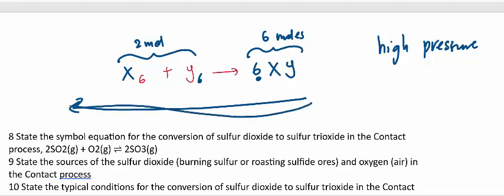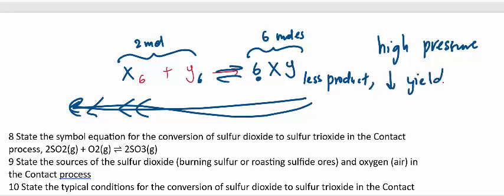The reaction is reversible, so it's going this way. Will I make more of the 2 or more of the 6? The 2. So this one is less product. So low yield. Get it?